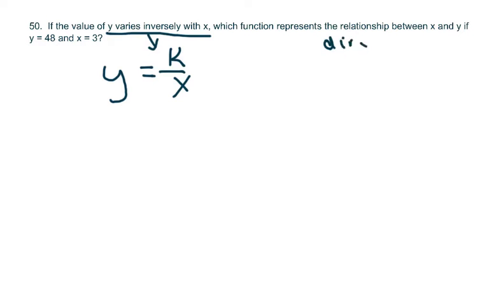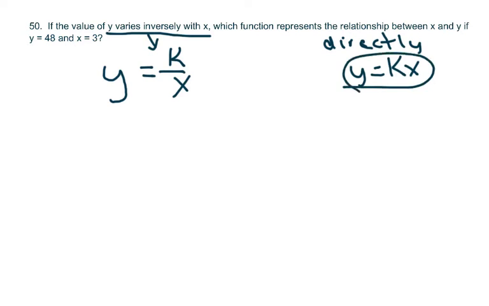Directly would be y equals kx. All right? This is what you're used to seeing with your y equals mx. Okay? So k just means constant. Spelled with a K. How cute.